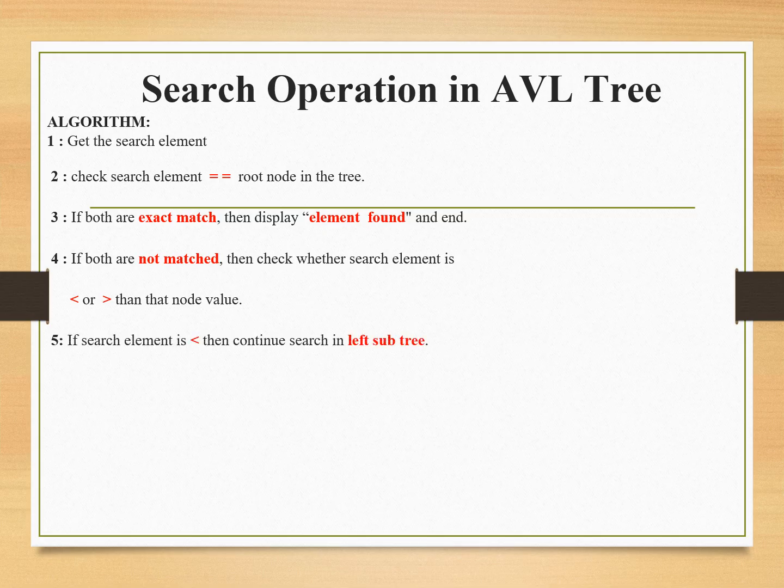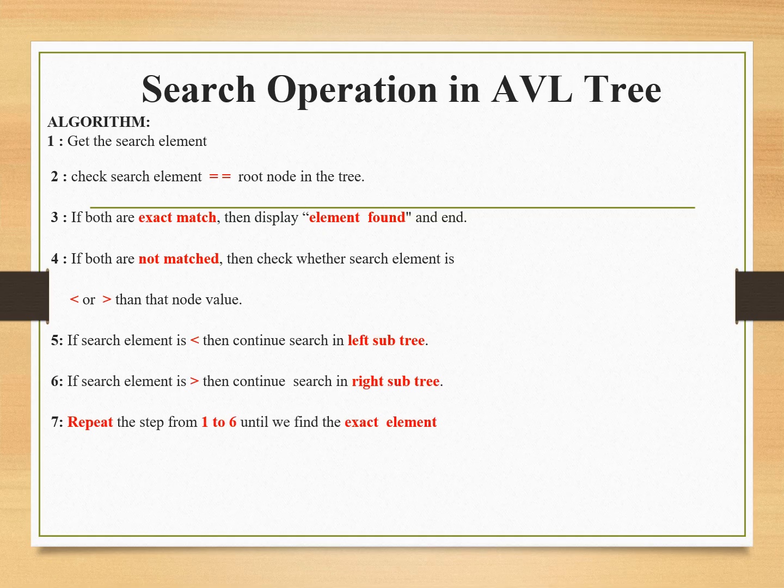If it is lesser, then we will continue our search in the left subtree. If it is greater, then we will continue our search in the right subtree. The process is repeated again and again till we find the exact element. And if the element is not found, even after reaching the leaf node, we will come to the conclusion that the searching element is not there in the AVL tree.